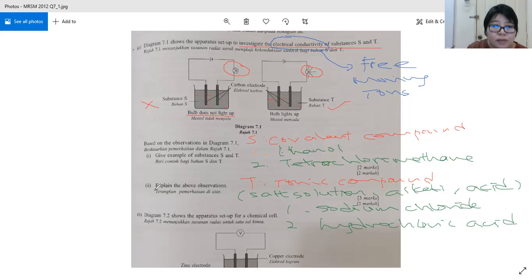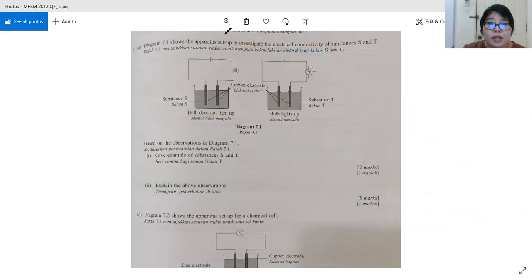Now go for the explanation. Second part of the question, explain the above observation. Okay, now what are you going to explain? Meaning you are going to explain why S does not conduct electricity and why T can conduct electricity. So we are going to relate to the keywords that I mentioned just now, which is the free moving ions.